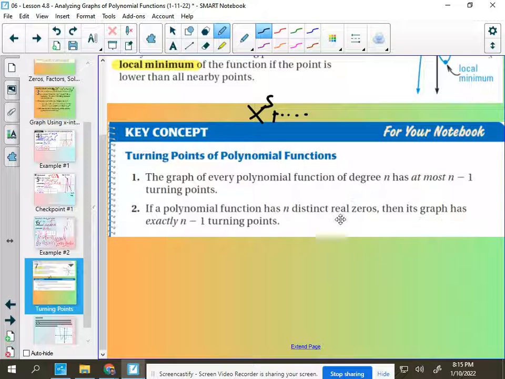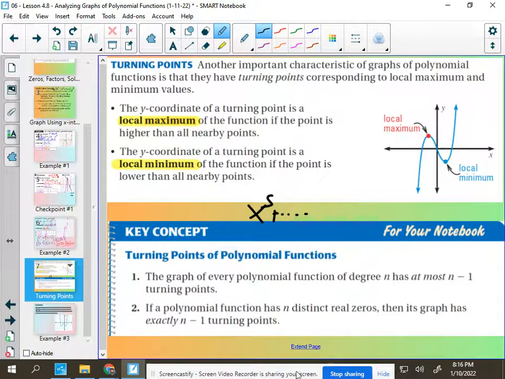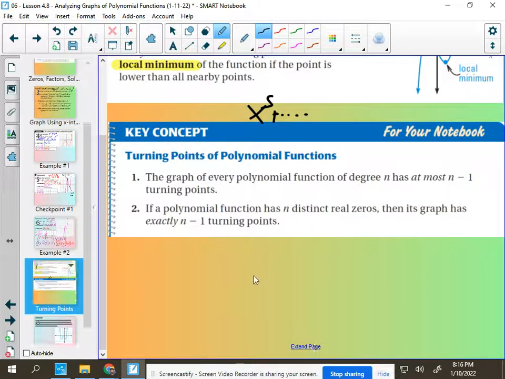Real, that's important too. Then it should have 3 minus 1, or 2 turning points. Let's check. 1 turning point, 2 turning points. That was it. So it had 3 distinct real zeros, not imaginary, and exactly 3 minus 1, or 2 turning points.